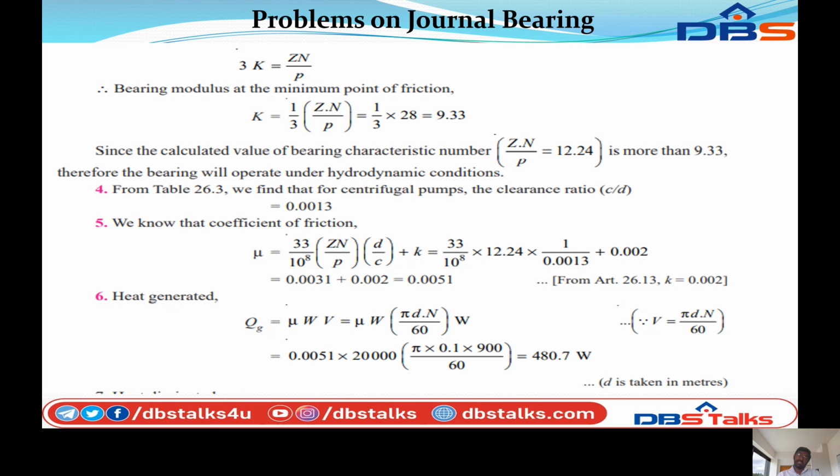So finally we calculate the coefficient of friction mu is equal to 0.0031 plus 0.002, that is equal to 0.0051.